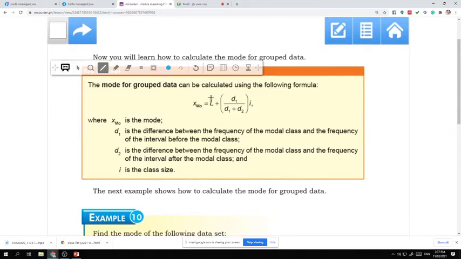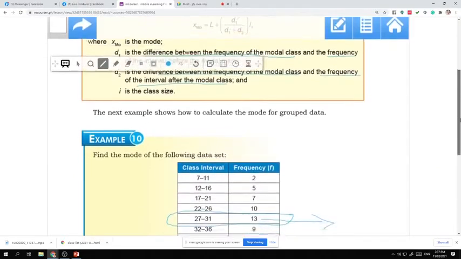So you know for a fact that L is the lower boundary of the modal class. D sub 1 is simply the difference between the frequency of the modal class and the frequency of the interval before the modal class. And D sub 2 is simply the difference between the frequency of the modal class and the frequency after the modal class.